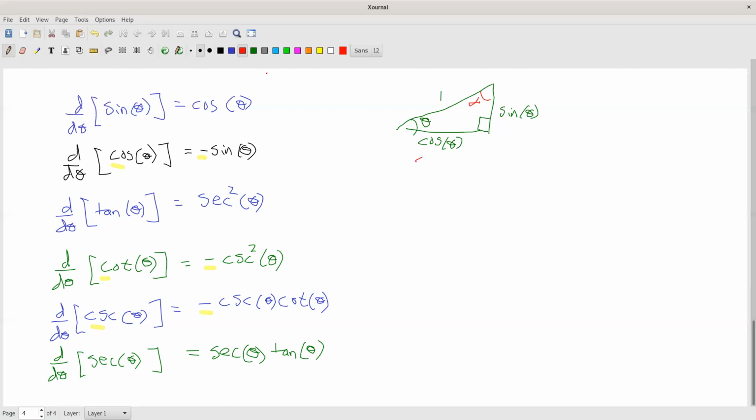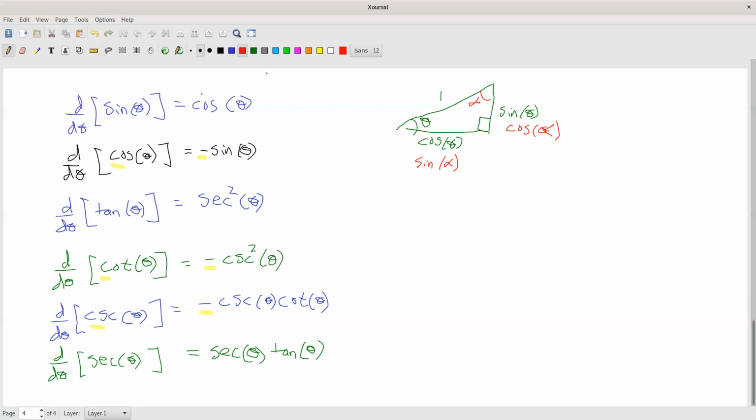This becomes the sine of alpha, and this becomes the cosine of alpha. And alpha and theta are related in that they sum to 90 degrees or pi over 2, right? They're complementary angles. So that's the idea of how cofunctions are related. They switch when you switch the angle you're looking at in the right triangle.